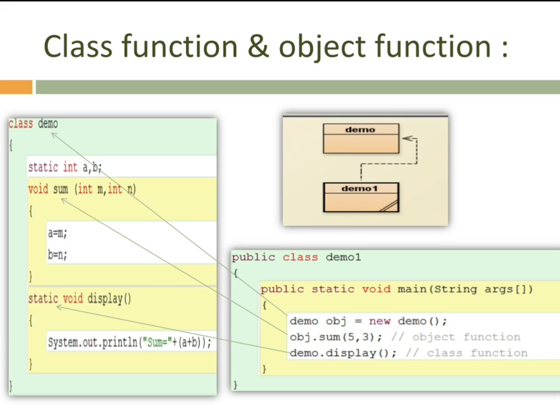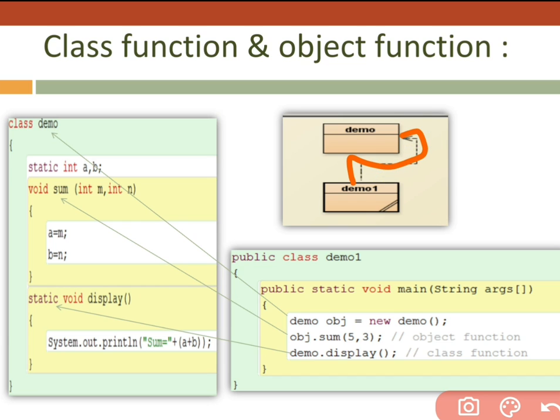And display is a static function. That's why I had written demo.display, because it is a class function. See, at the top, the demo 1 arrow is present. At the top, we have one arrow pointed towards demo, which means inside demo 1 we are using the demo class.